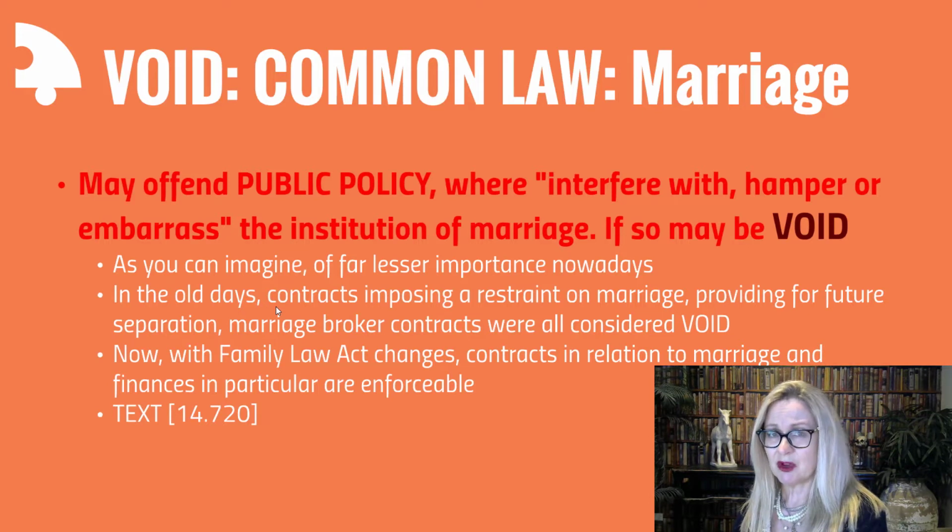Contracts imposing some kind of a restraint on marriage, or particularly contracts providing for future separation, were all deemed to offend public policy. However, with Family Law Act changes, certainly contracts in relation to marriage and finances in particular, prenuptial arrangements, are enforceable. Have a look at GRAW 14.720 there. Really just one for you to note more than anything else.